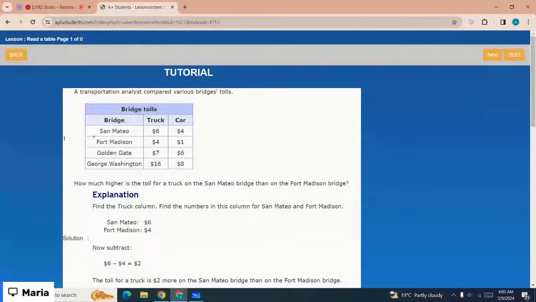You have to see how much more on San Mateo than on Fort Madison. So you have to subtract 6 take away 4, and 6 take away 4 equals 2. That means the toll for a truck is $2 more on San Mateo Bridge than on the Fort Madison Bridge. Got it?